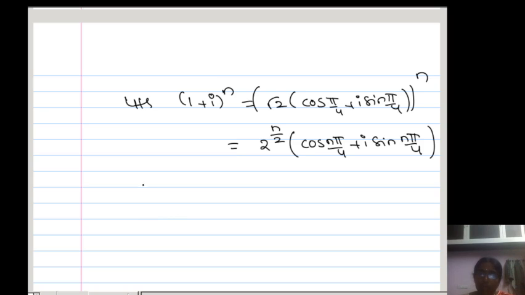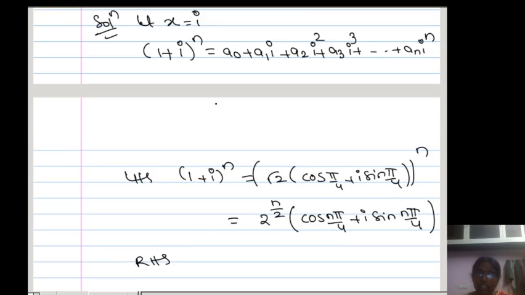What about RHS? What is RHS in this case? RHS is a naught plus a1 i. i square means minus 1, so minus a2.